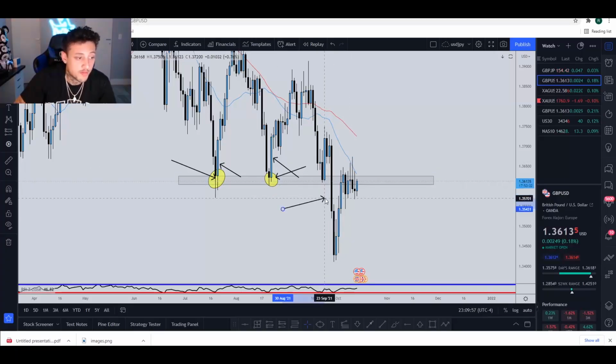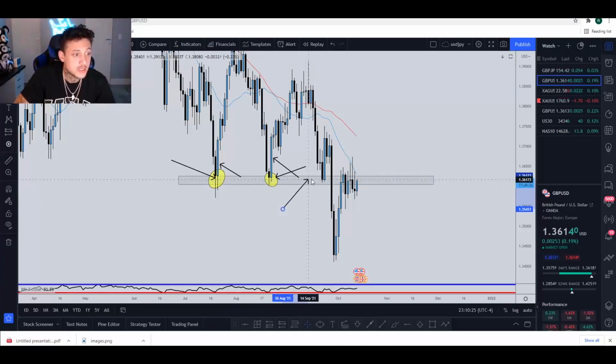Now that sellers have broken through this level, look at the selling pressure. This previous level of resistance or previous level of support or supply and demand had all this buying pressure. Right now that sellers have broken through, look at how they're starting to form some selling pressure at this area. Notice how price tried trading higher and tried trading above, because remember, you want to think about it as a tug of war, you want to think about it as a battle.